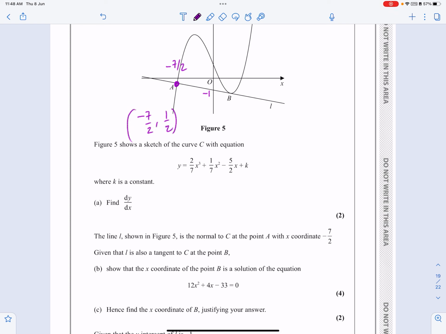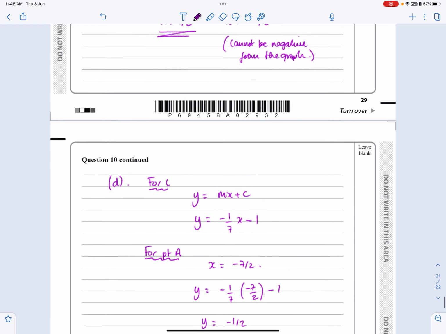And if I've got that, I can put that information now into the curve to see what k is going to be. Okay, so I've found the value of a now.